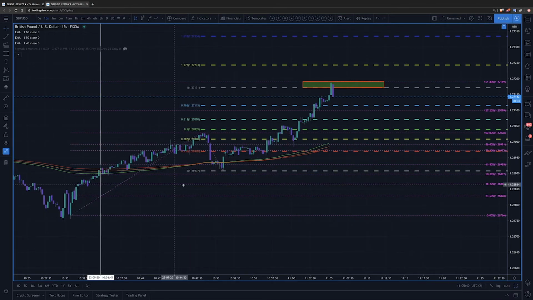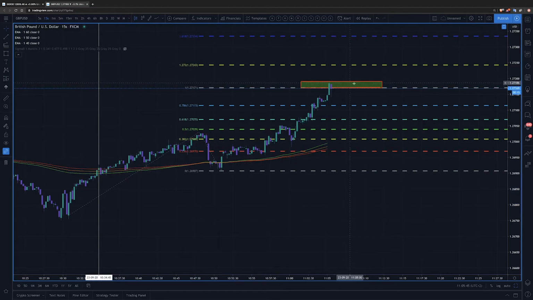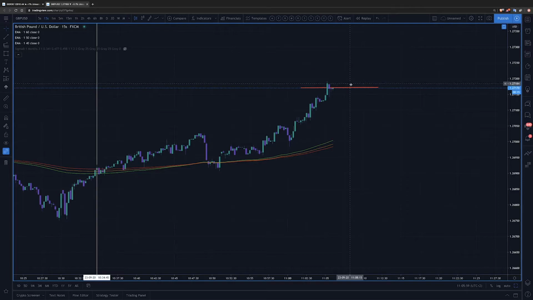So anyway, I'll clean up the chart. But we're looking at money flow there, we've identified a target. You could take half your position off there. We've been in from around this area here. But we're trending.